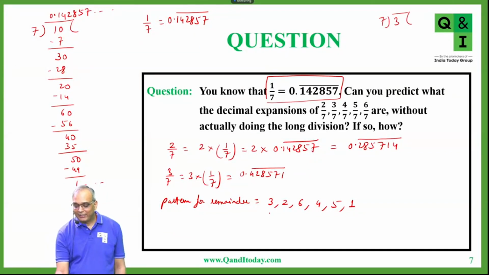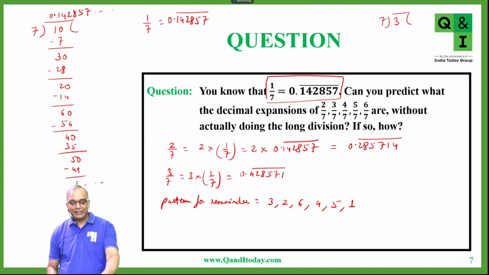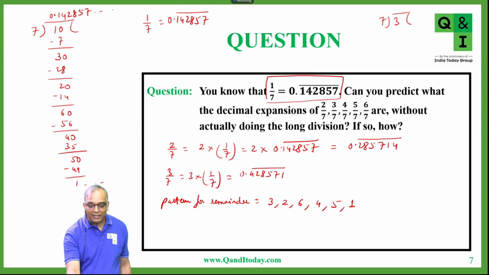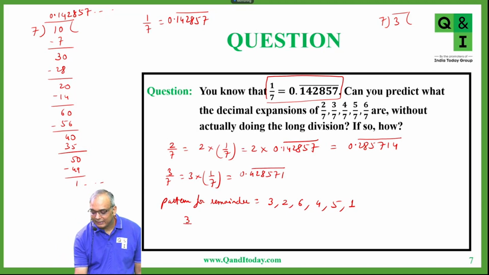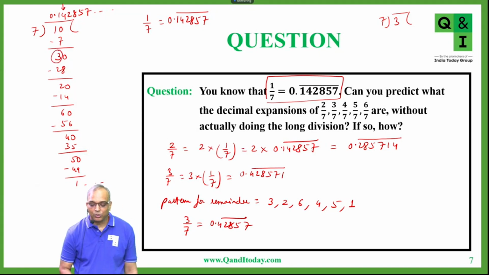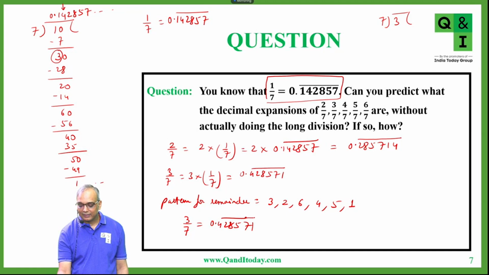When the remainder is 3, we had 4 at the top in the quotient, and after this the pattern is going to repeat. So I can directly write 3 by 7 is 0.428571. When the remainder was 3, the digit in the quotient was 4. So that's why we can directly write it as 4, 2, 8, 5, 7, and 1.